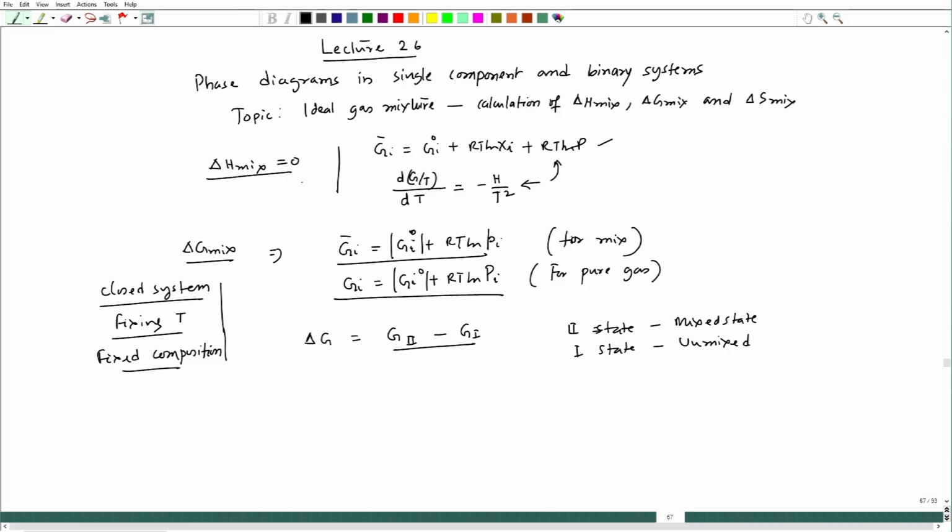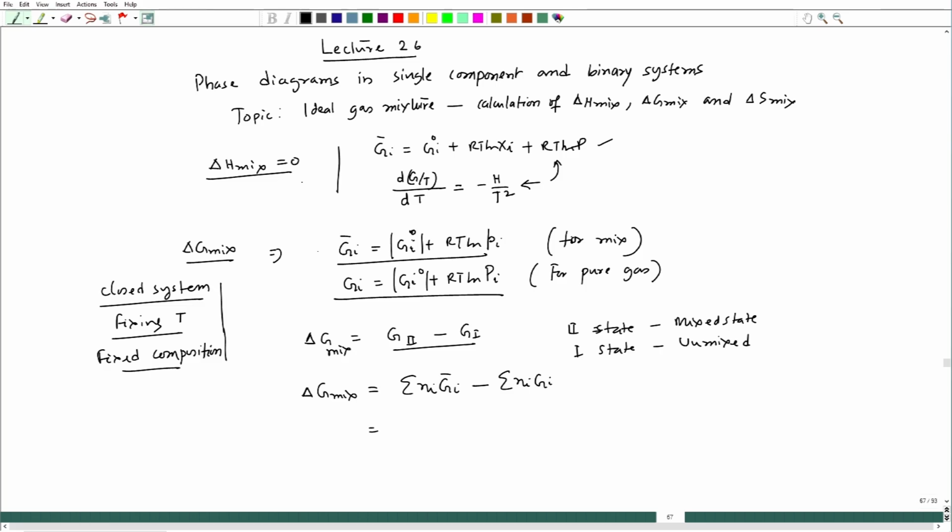And G is an extensive quantity. So, we can write this as delta G mix equal to summation Ni Gi bar minus summation Ni Gi. So, that means we are taking a large number of gases and every gas has certain number of moles which are added together.